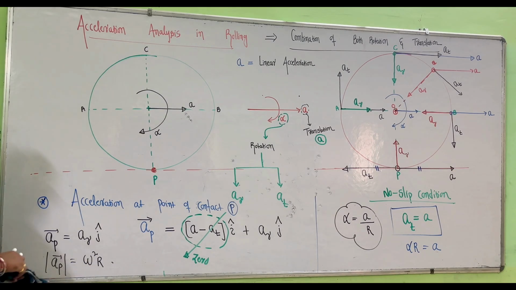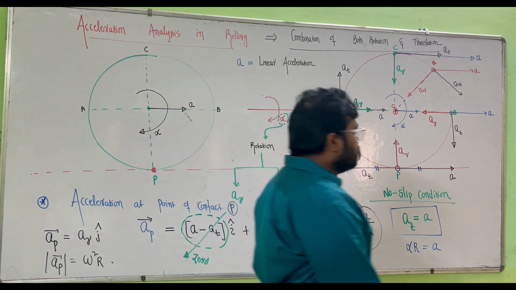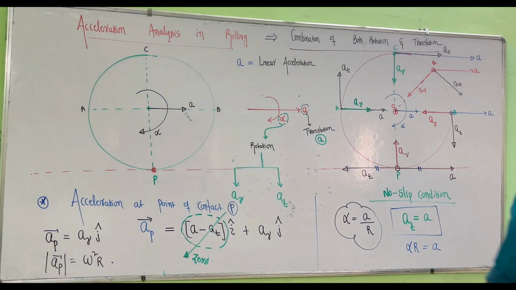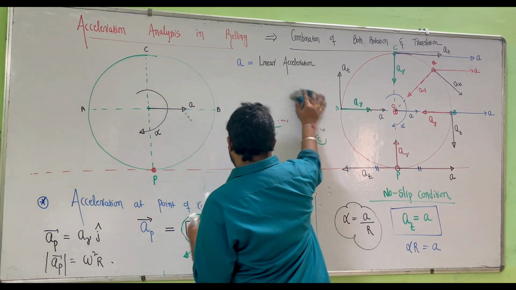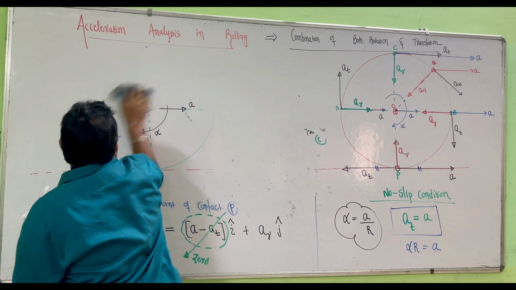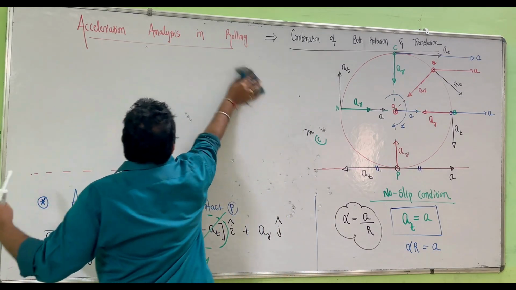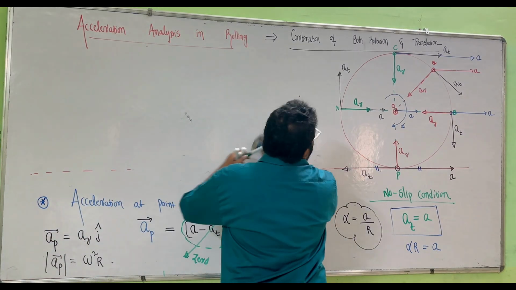This is not equal to 0. But velocity at the point of contact equals 0, and acceleration at the point of contact is not equal to 0. This part is completed. Now tell me, now we can write. See this. What is that?